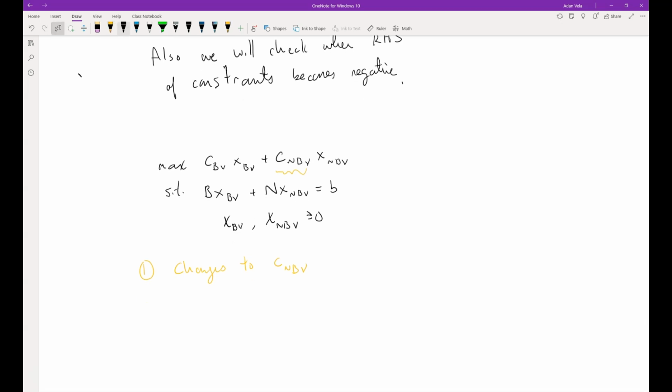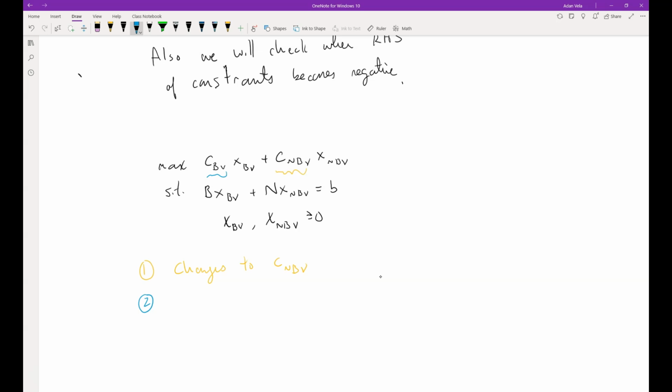The next option we're going to look at is what happens to changes to CBV. Just like changes to our non-basic variables might cause us to turn non-basic variables into basic variables, the same thing might happen with CBV.